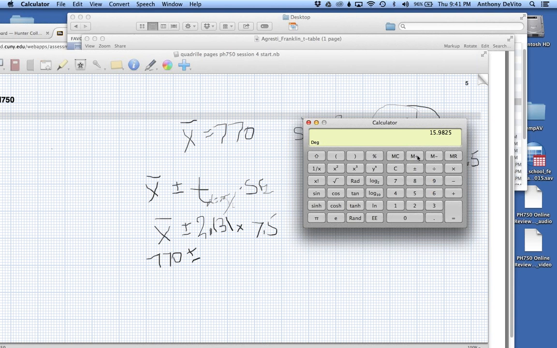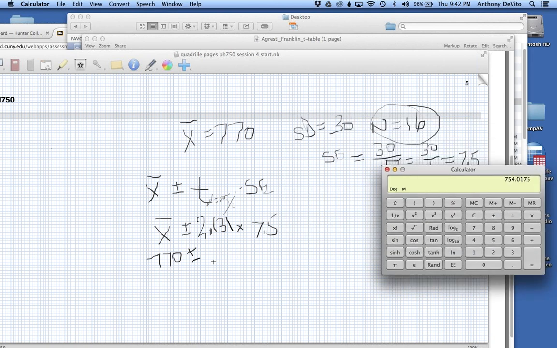I'm going to clear memory here, and I'm going to put this into memory. So now that's our margin of error. So let's take our 770 and subtract the margin of error from 770. It comes out to 754.